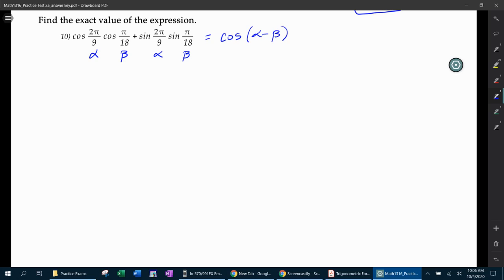And so this is going to work out to be cosine of 2 pi over 9 minus pi over 18.